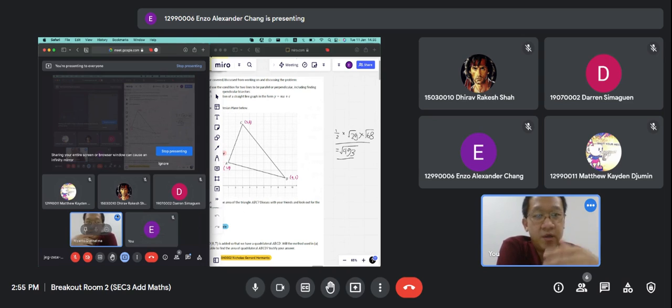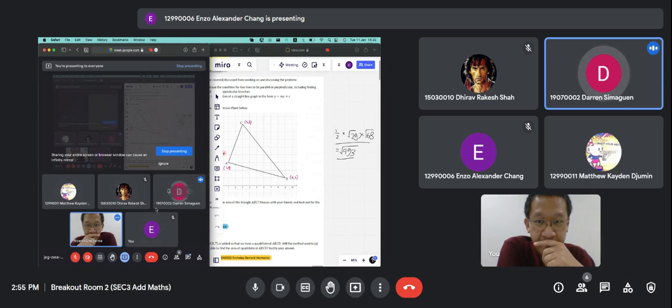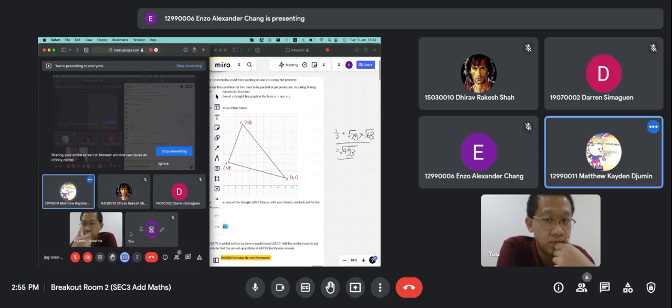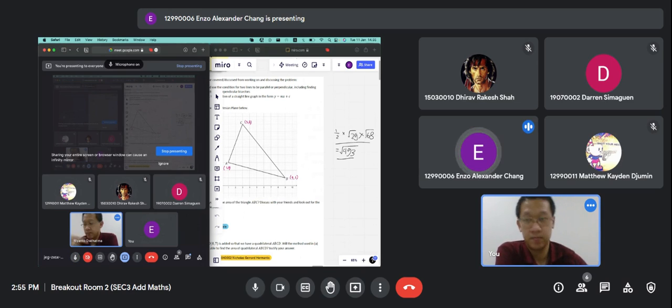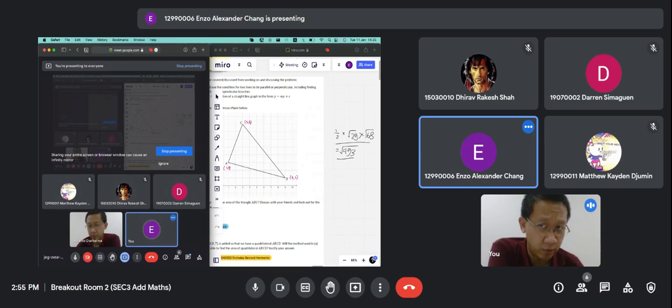Or the tree? Or a person, the height of a person. Which one do we say is the height? The vertical one. Is it always the vertical one? The perpendicular one.